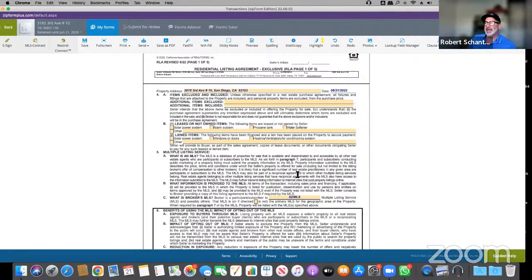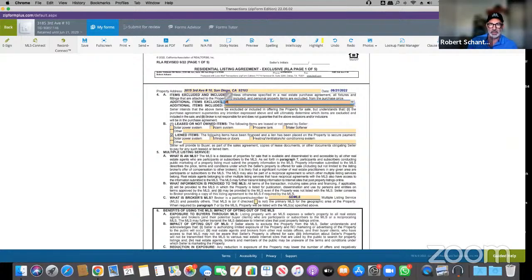Or they might want to take their nice stainless steel refrigerator with them. So this is where you would define the appliances that would be excluded. In other words, the seller's going to take them with them. Also, what could be excluded would be that chandelier I talked about earlier in the dining room that is a family heirloom. A chandelier is attached to the ceiling, so it becomes real property, not personal. But they want to take it with them, so you would mention it here as well.